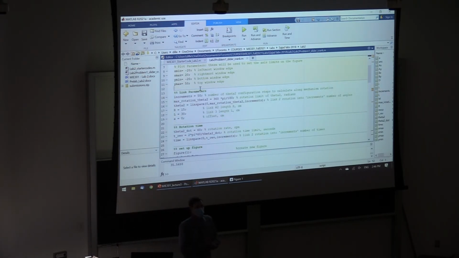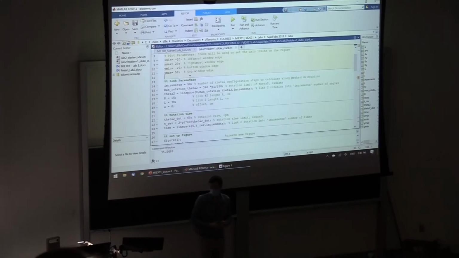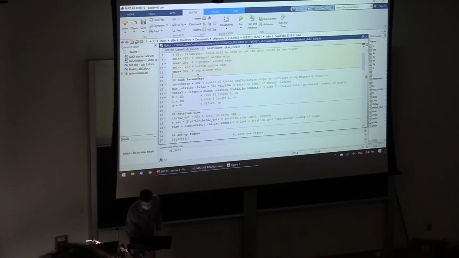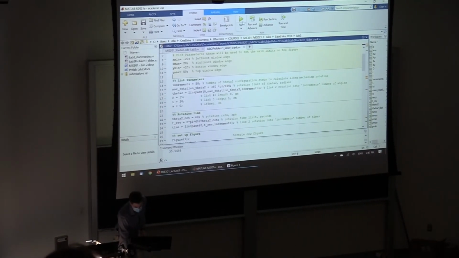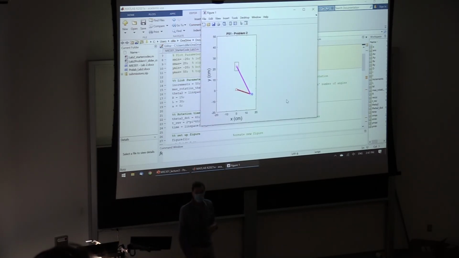Okay, so I'll take your question in a minute. So this is our Lab 2, a little teaser for you. I've sort of solved a similar version of Lab 2. It's not exactly the same as what you're going to do. And I'm just going to run the code, which plots out the motion of a slider crank.